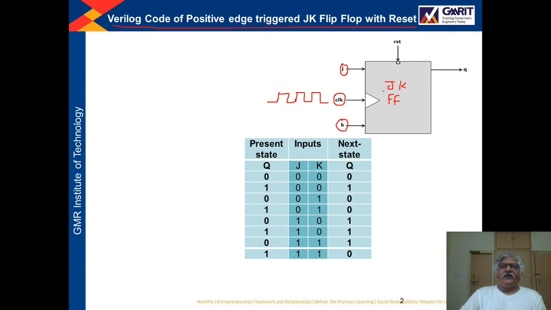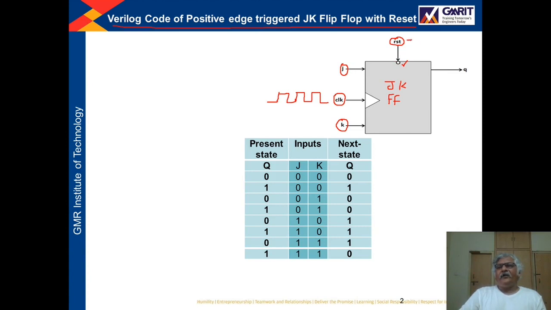There is one input J and another input K. There is another input, reset, and you can find one bubble at the reset input. This indicates that reset is active low.